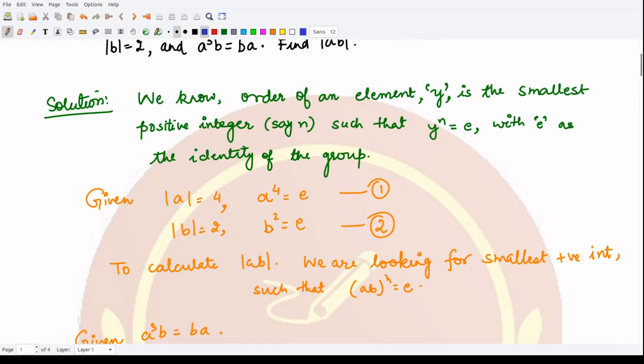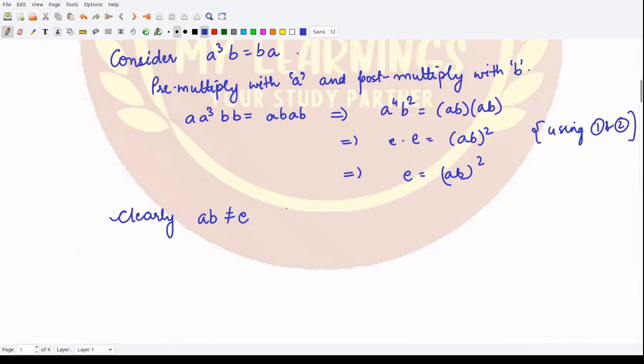B inverse is just B, because we are given B square is equal to identity, and B inverse is not equal to A. So they cannot be the inverses of each other, and therefore we cannot have this.